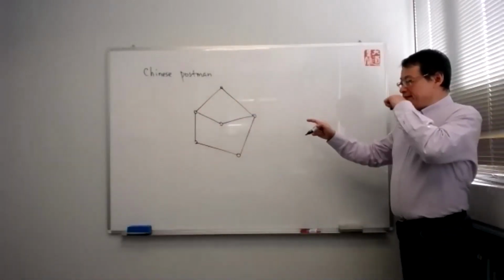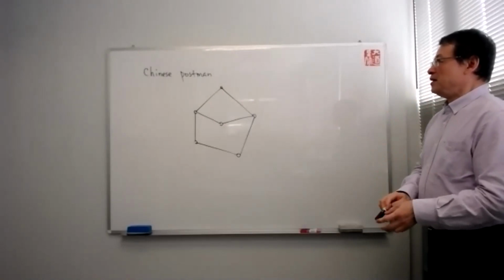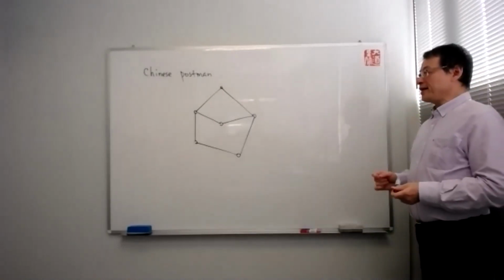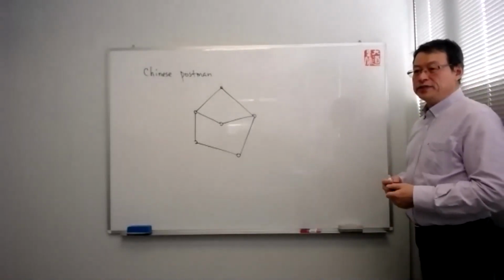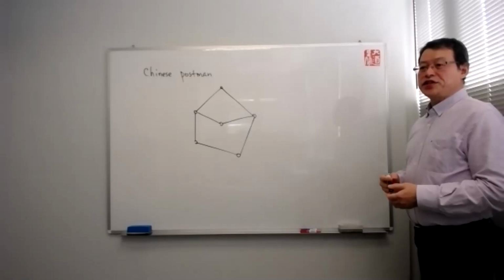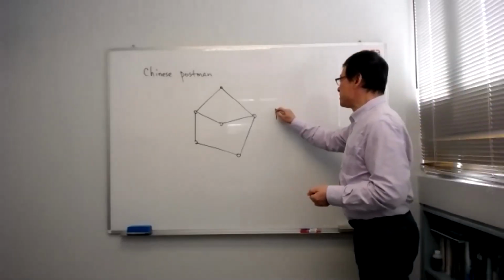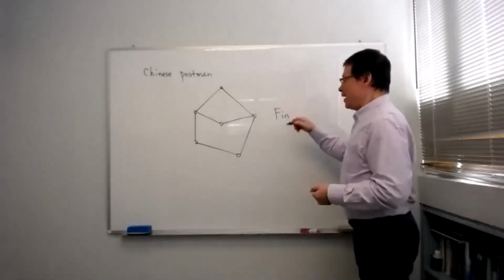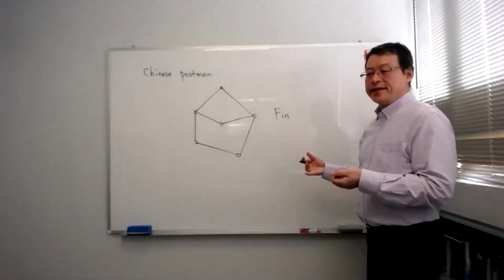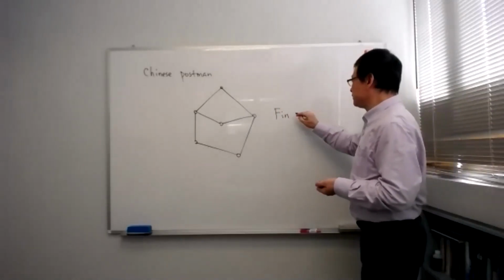Let's look at this very simple graph. The problem is to find a closed walk on this graph so as to minimize the total length of the walk, and the walk contains each edge at least once.